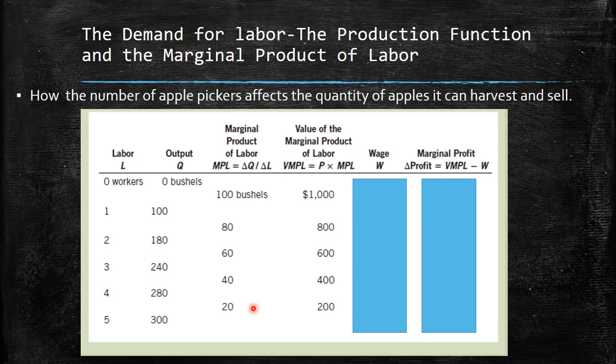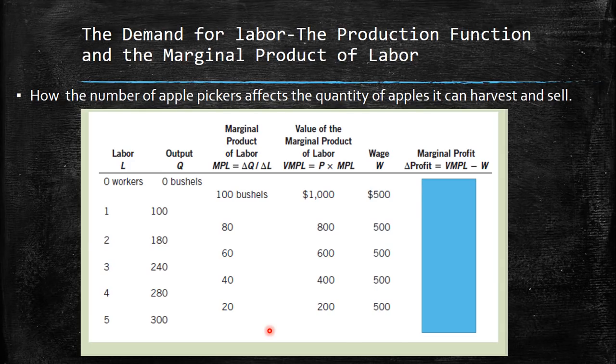And for the value, we assume here that the price of 1 bushel is $10. Then we just multiply them: 100 times 10, 80 times 10, 60 times 10. Why is this so important? Because this is at the end the money that I will receive when I hire an additional worker.